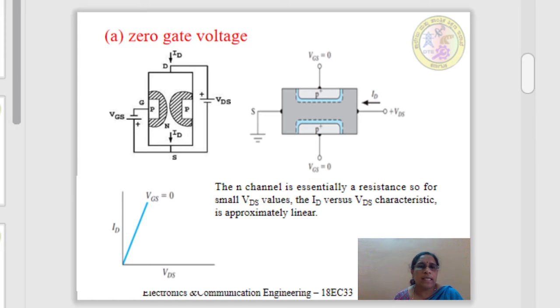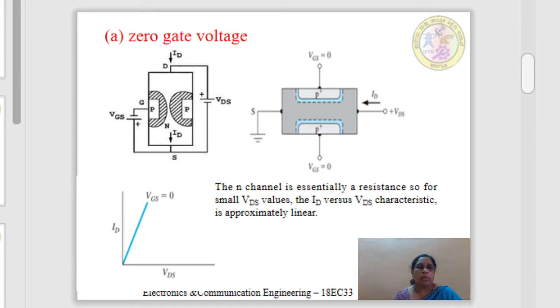VGS represents the potential difference between gate and the source terminal. VDS represents the potential difference between drain and the source terminal. And ID represents the drain current. All capital letters are used as we are discussing the DC voltages and the DC drain currents. This is a convention that will be followed throughout the module.